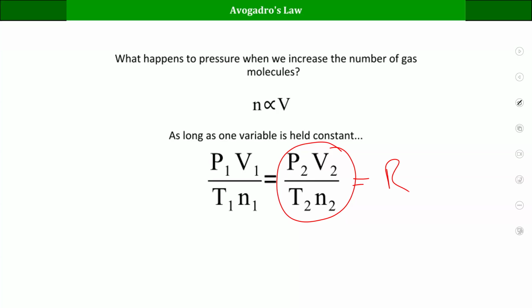So if any gas gives you the same constant, we're not limited to just looking at before and after. We can actually just say, no matter what, pressure times volume over moles over temperature is equal to the same constant that we call the ideal gas constant.